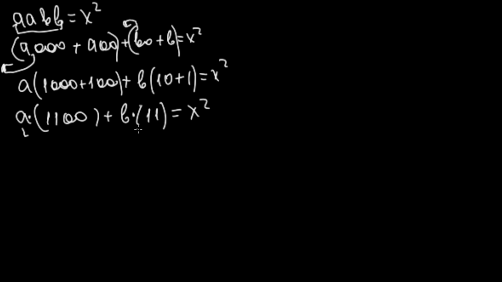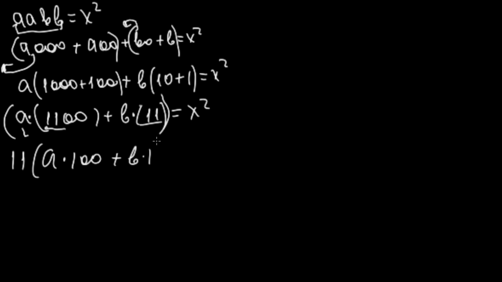What we can do here is take out 11 from the bracket. So we group it, and we take out 11, and we will have 11 times (100a plus b times 1).